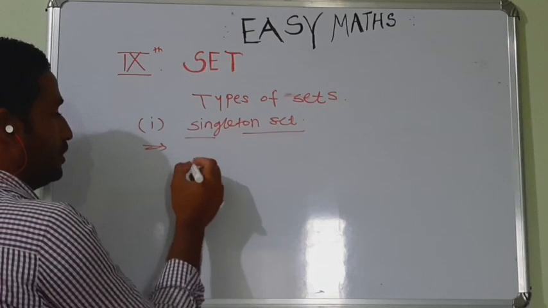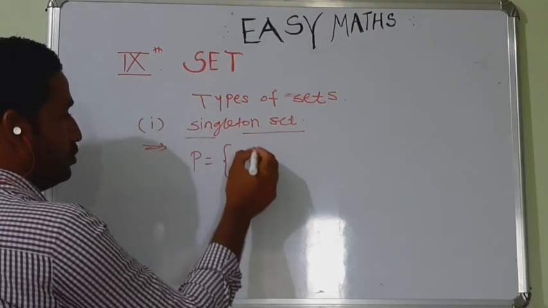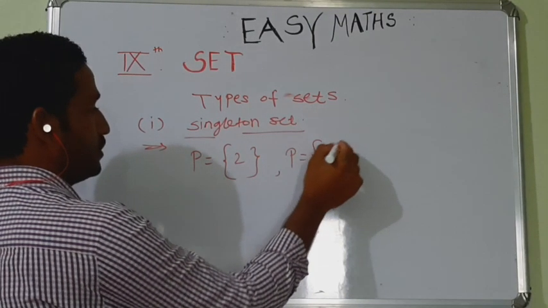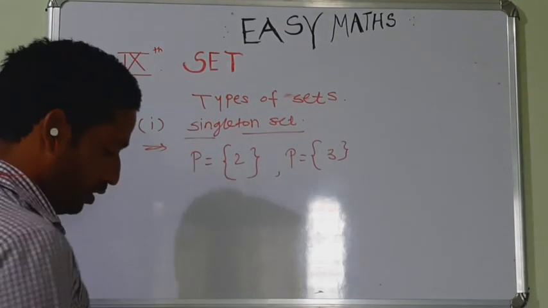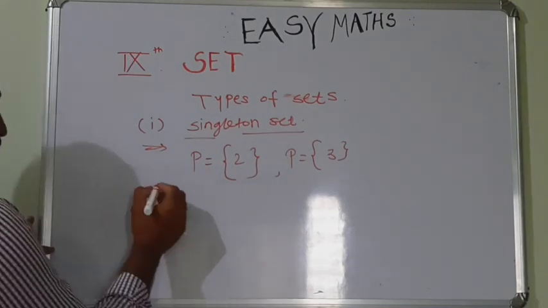That is, set P equal to {2} or set P equal to {3}. This is an example of a singleton set.